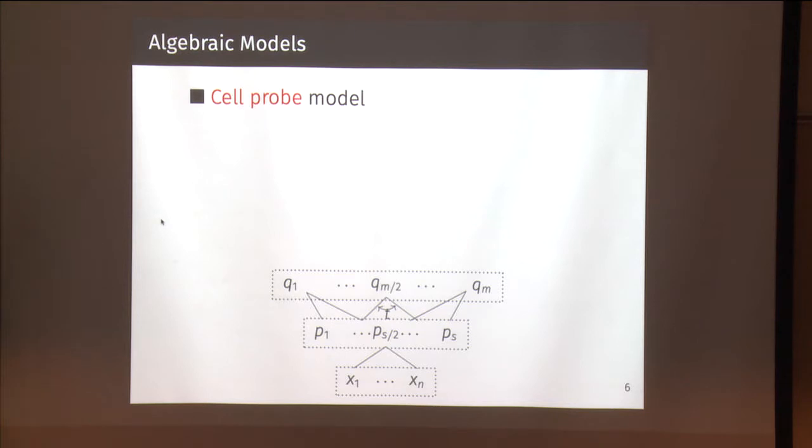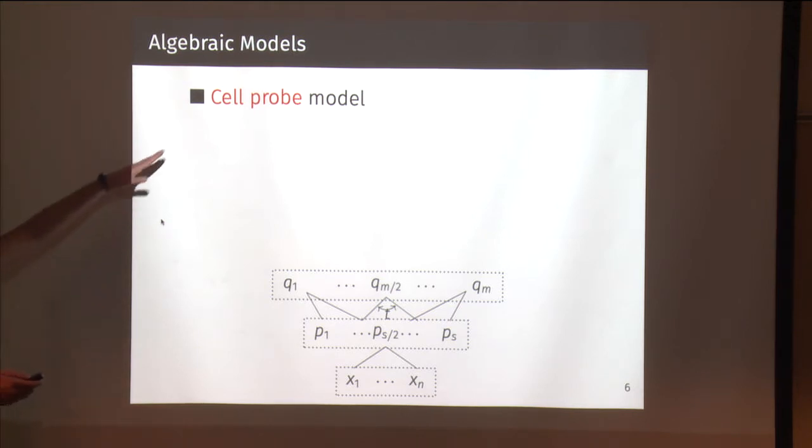We would like to prove lower bounds on something closer to the running time of the query phase. For example, yesterday Casper in his tutorial showed a very efficient cell probe data structure for OMV, and a less efficient data structure when you actually measure the running time. We would like to design some lower bound techniques that could differentiate between the two. We still don't know how to do this, but that's the goal.